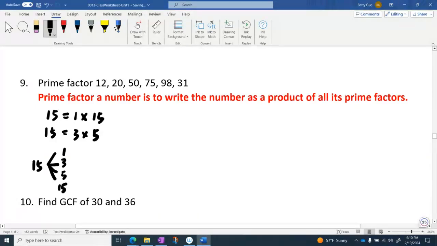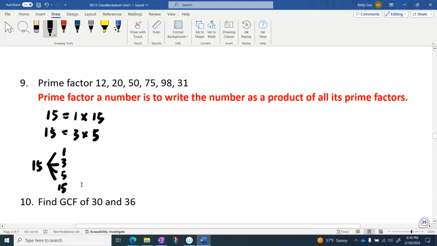And among the 4 factors of 15, which of them are prime numbers? A prime number is a whole number bigger than 1 and only has 1 and itself as 2 different factors. We have learned the definition for prime number last Wednesday as well.